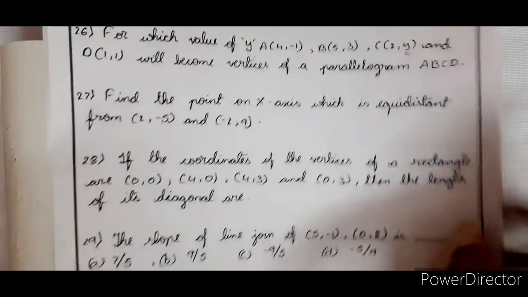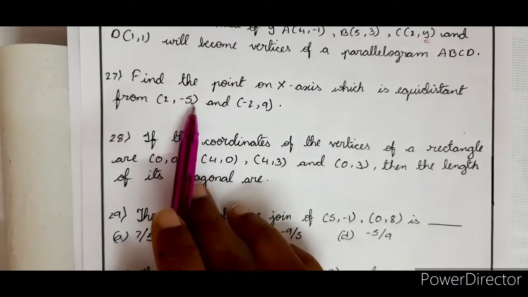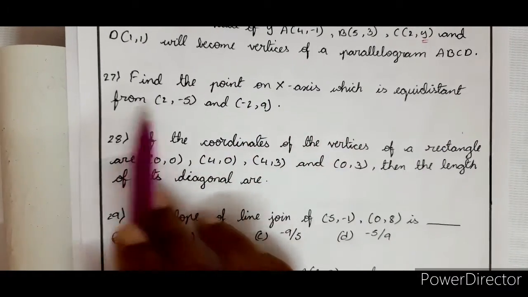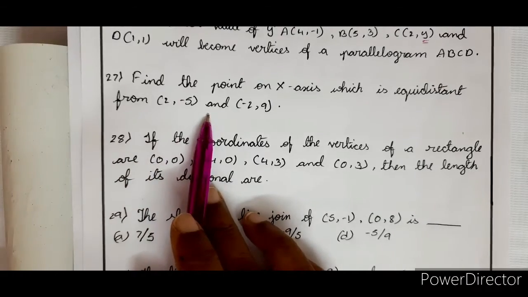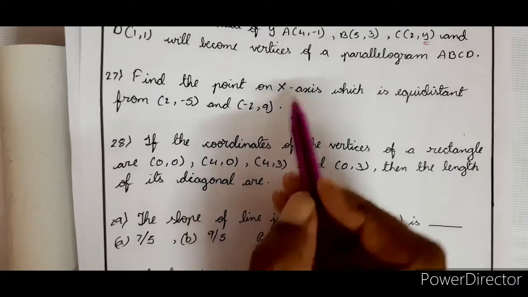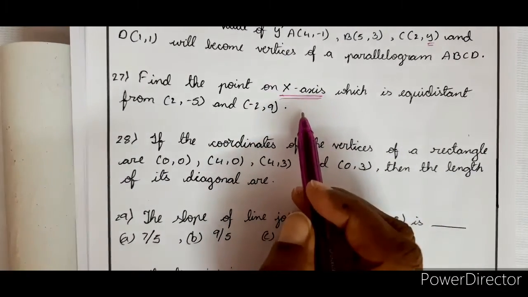Right, next let's see the next one. Find the point on x-axis which is equidistant from 2 comma minus 5 and minus 2 comma 9. So the point is on x-axis. X-axis means the y coordinate is already 0.